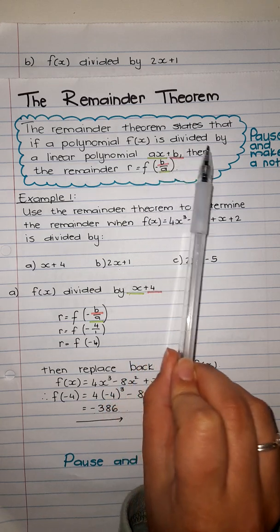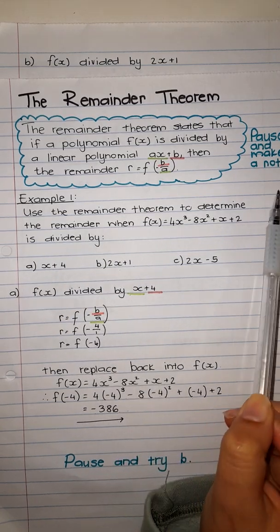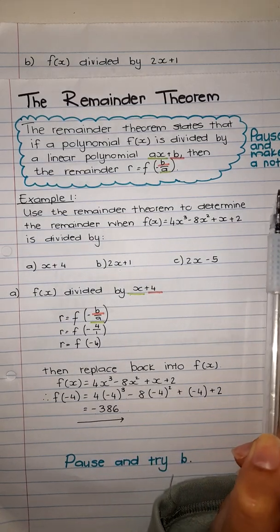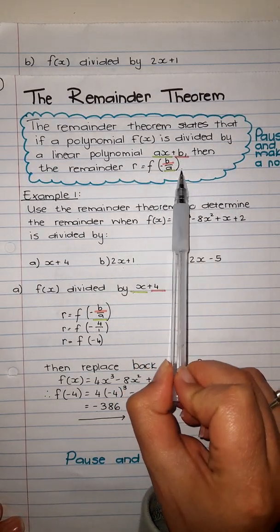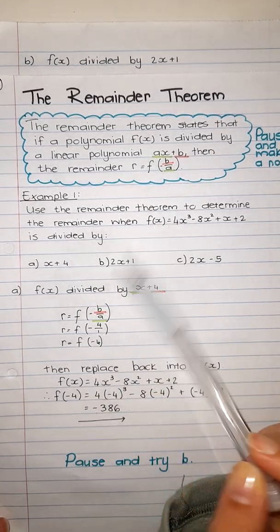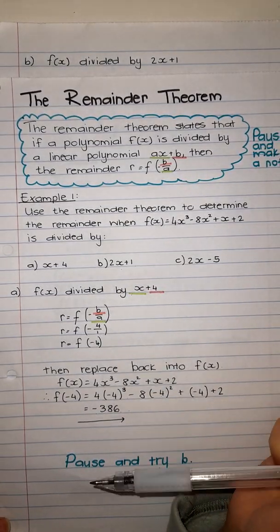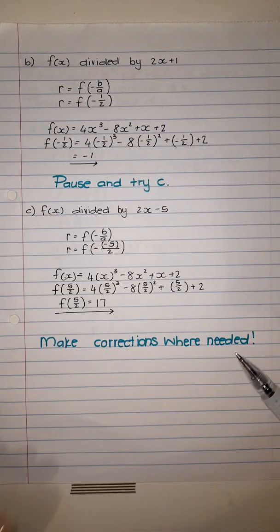So if I divide my long one by my short one, what am I left with? Okay, that's that. There's nothing difficult about it, and you just need to remember your formula for it. As soon as you see remainder theorem, you're like, okay, negative b over a. Then you substitute that in.